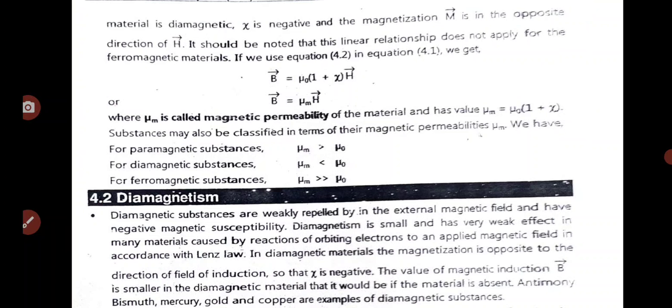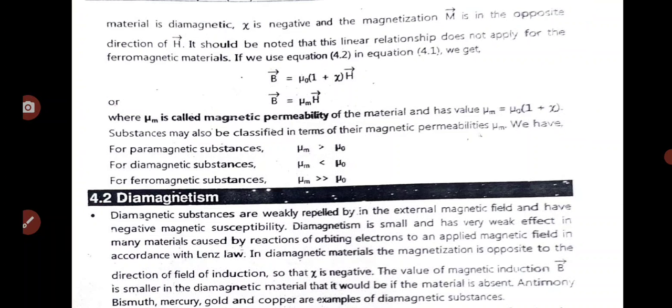Diamagnetism is a small and very weak effect in many materials, caused by the reaction of the orbiting electrons to an applied magnetic field in accordance with Lenz's law.